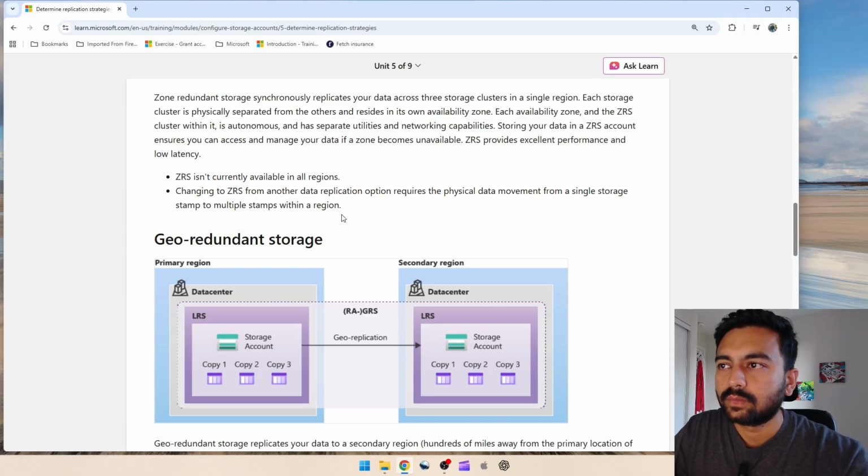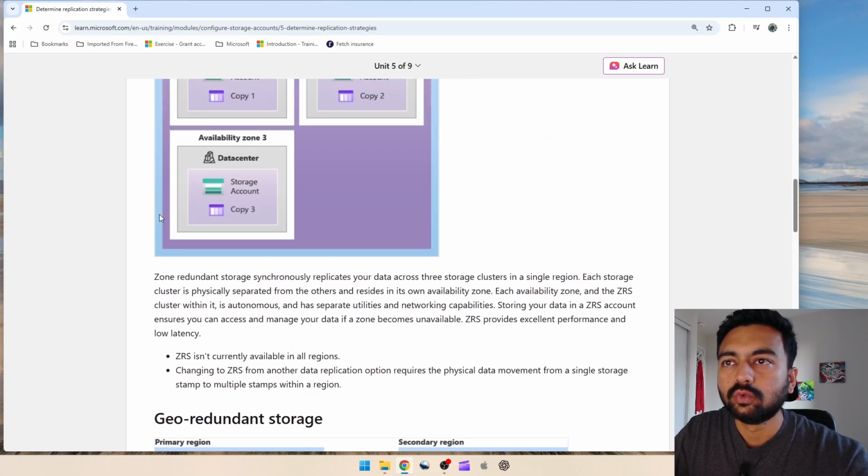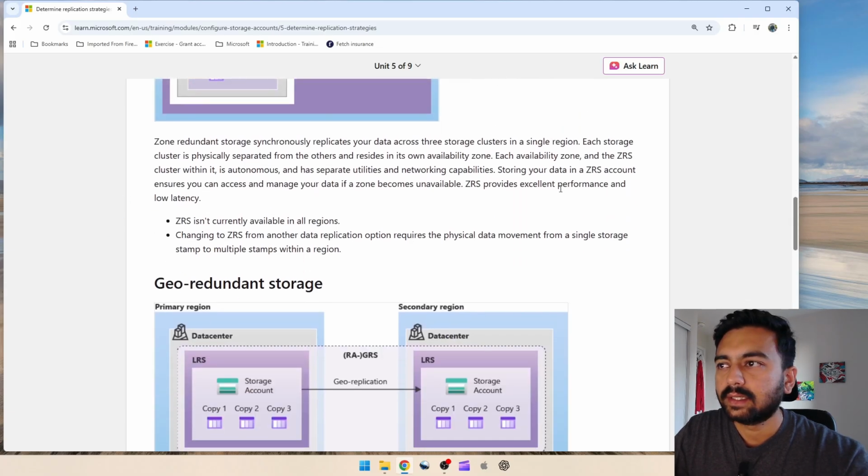So if you want to change the replication option from either of the other two to ZRS, it requires physical data movement, moving the storages physically from a single storage stamp to multiple stamps within a region.